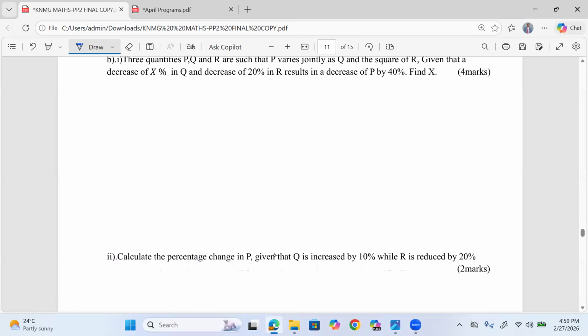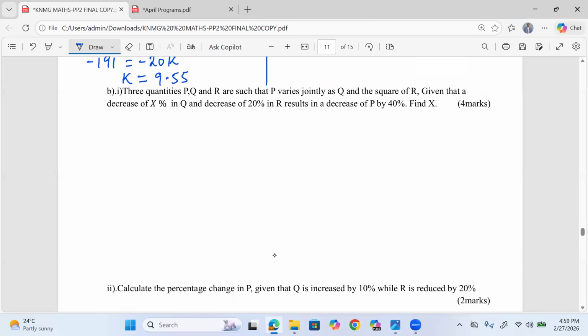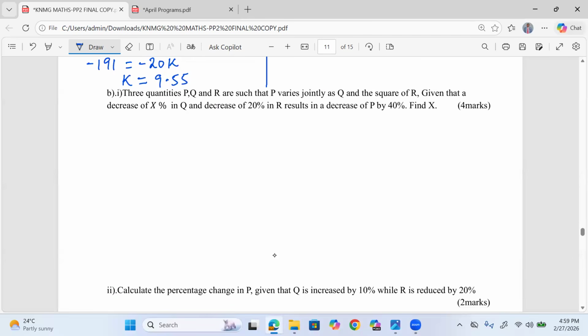To find percentage change of the quantity, this is not the formula. This is what we are saying, for instance: P varies jointly as Q and also as the square of R. So P equals a constant times Q R squared.